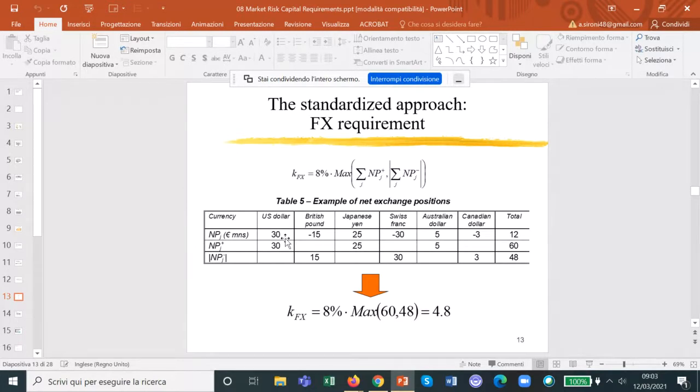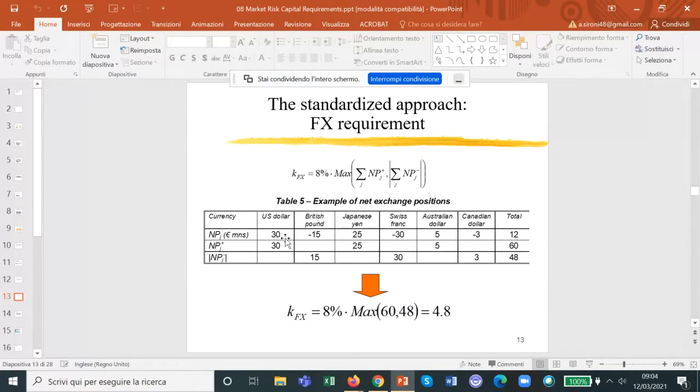Now, what you can see is, assume you have a long position in dollars of 30 million euros, okay, equivalent to 30 million euros. You have a short position in British pound for 50 million, equivalent in euros. You have a long position in Japanese yen, 25 million, and so on, okay?